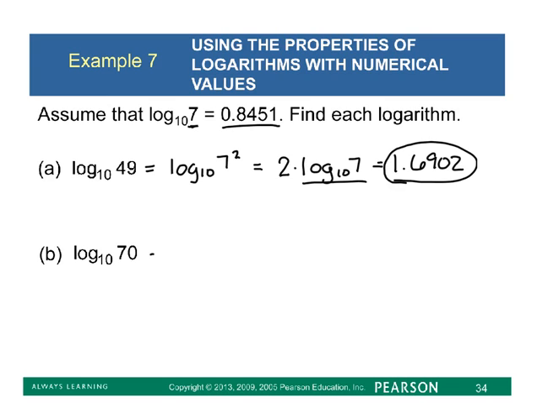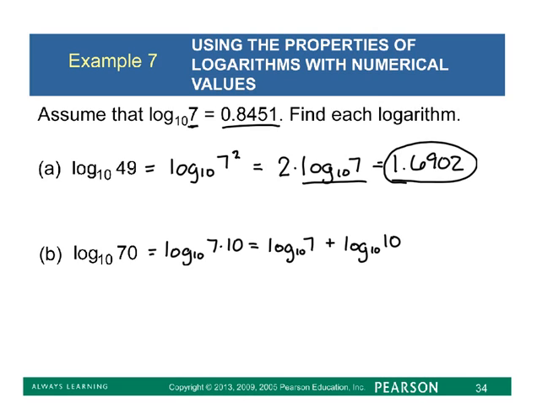Now on this next one, 7 times 10 will give us 70. So break that apart and use our product property to expand this: log base 10 of 7 plus log base 10 of 10.